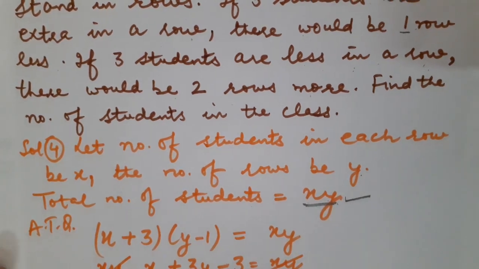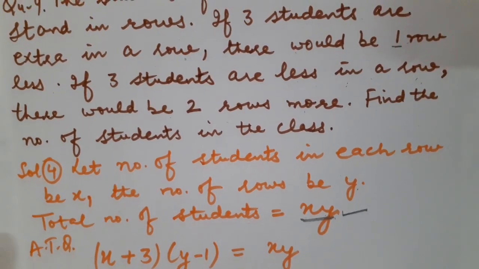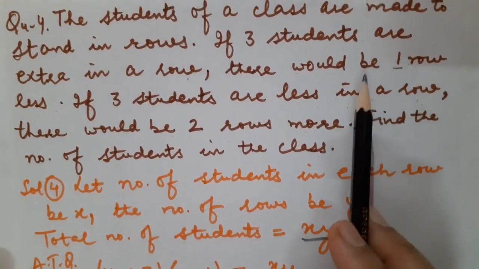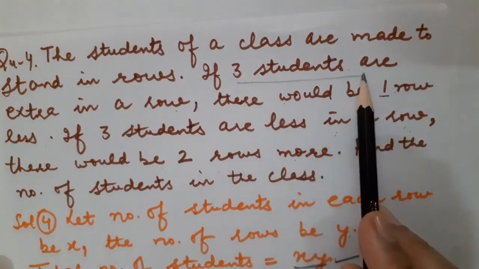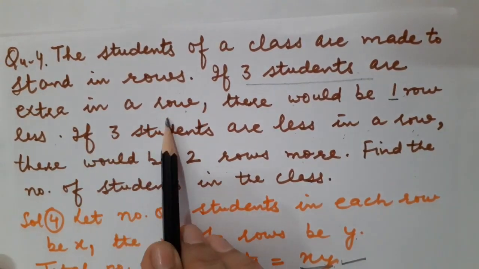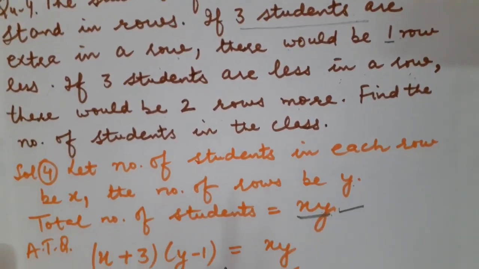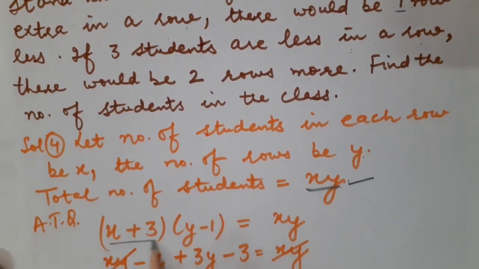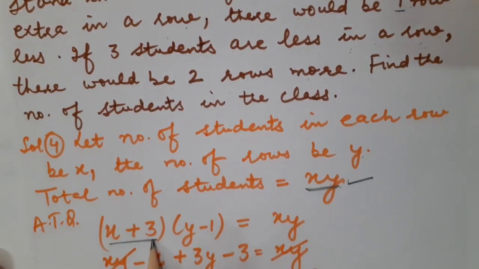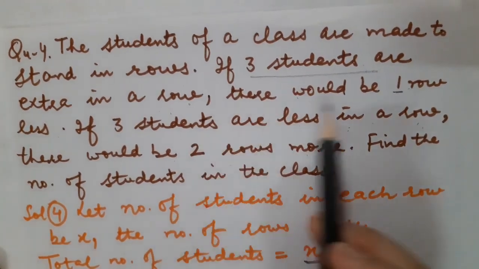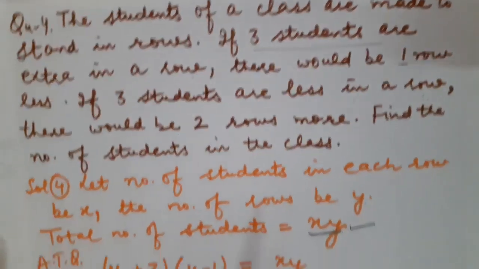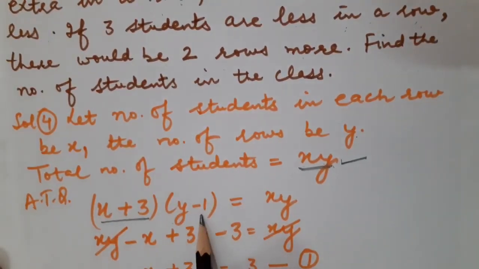That is xy. Now in case number 1, what is given? 3 students are extra in a row. Means if earlier the students were x, now 3 students are extra, so definitely it would become x plus 3. Then 1 row will be reduced. What are rows, children? y minus 1.